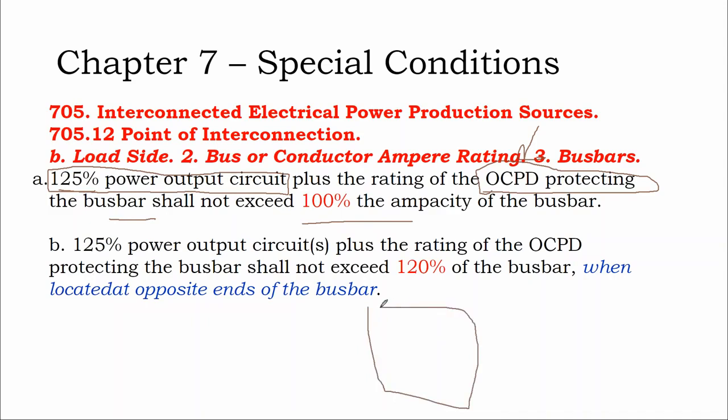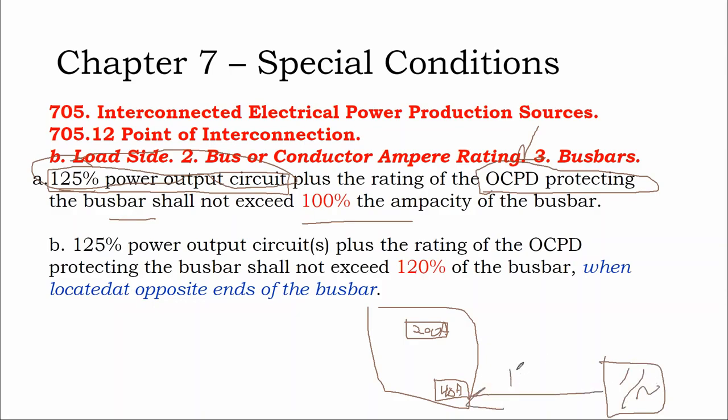So what that means is if I have my main breaker, which is 200 amps, and then I have my solar breaker, and let's just call that 40 amps. Even though it's 125% of the power output circuit, here's your solar inverter, and here's your output circuit, and you're sizing it to be 125% of this output.